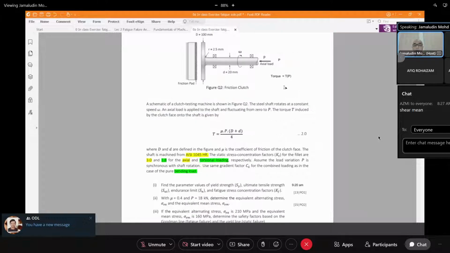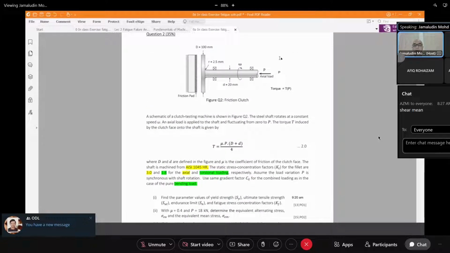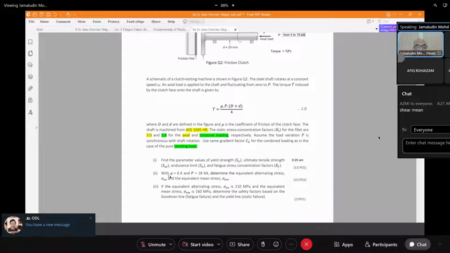You should bear in mind, maybe if you correct the exam, because the statement is from 0 to 18 kilonewton. Meaning that P is 18 kilonewton. Determine the equivalent. You should have the value.